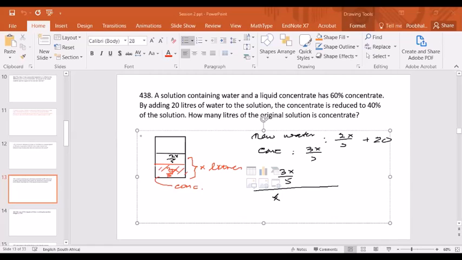Originally there were x liters, and you added 20 to that. So this is the fraction of the concentrate in the new scenario, and that concentrate is 40%, which as a fraction is 2 over 5. All right? And now you can just work out what x is.